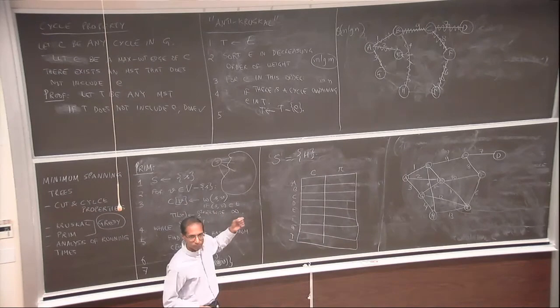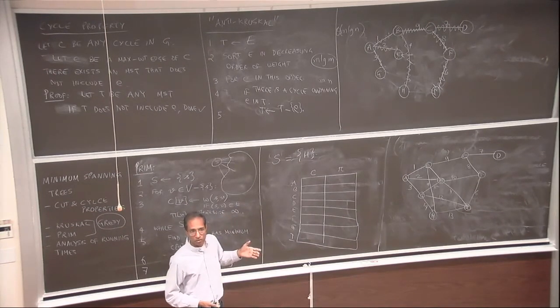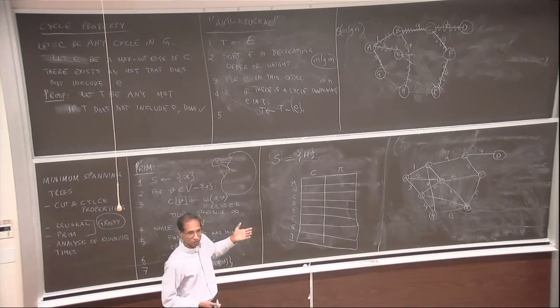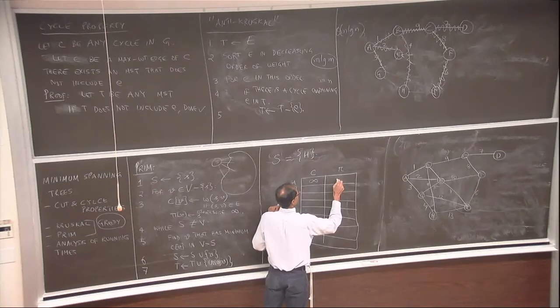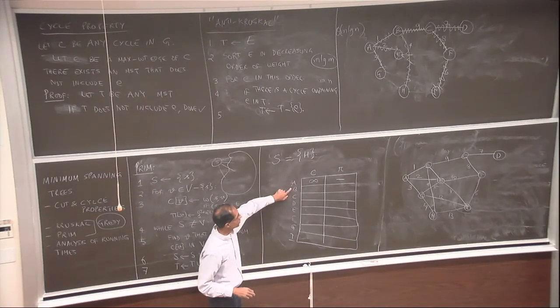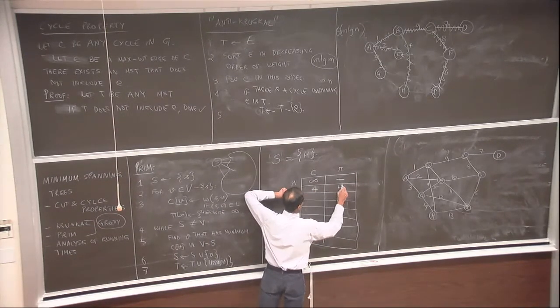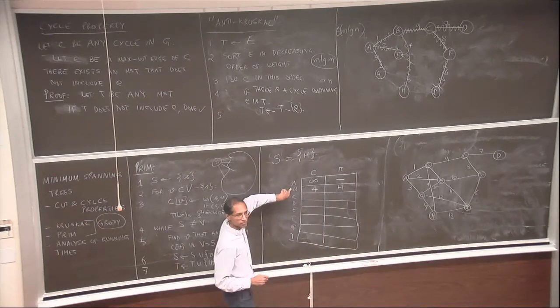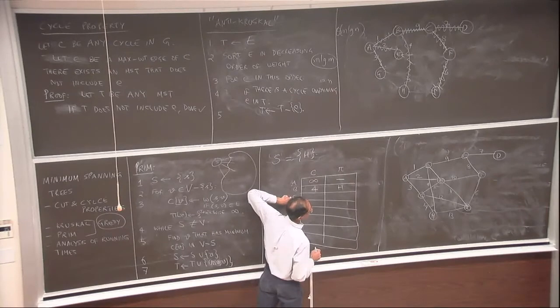So let's go through every single vertex. A. Does A have an edge to H? No. So A will have a cost of infinity. And if you have a cost of infinity, you don't need to define the parent. B. Does B have an edge to H? Yes. 4. And parent for B is H. C. Does C have an edge?